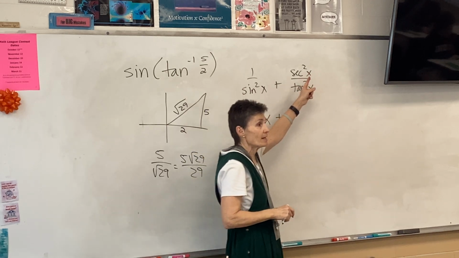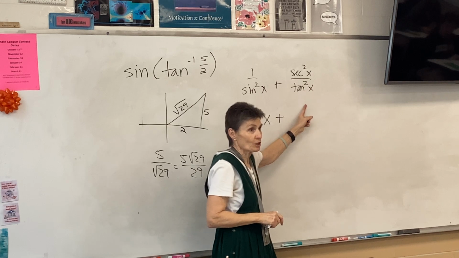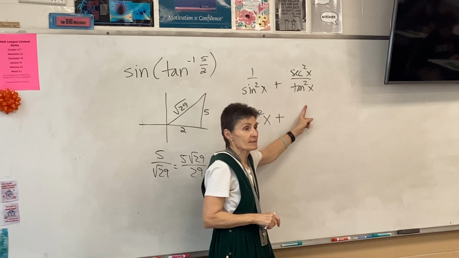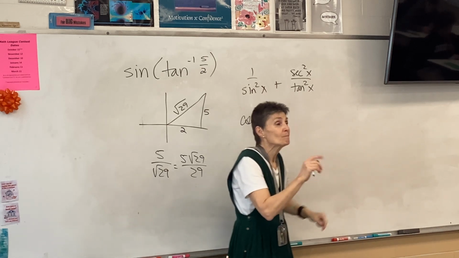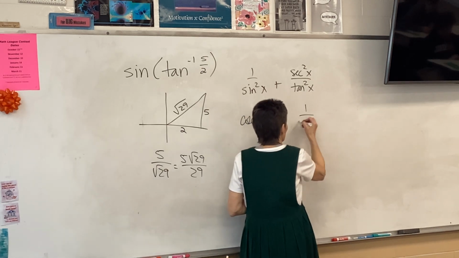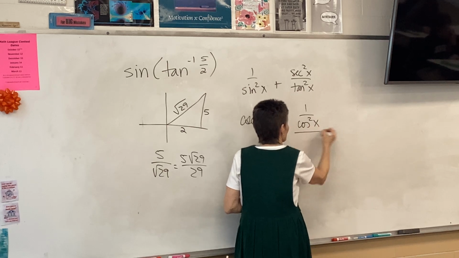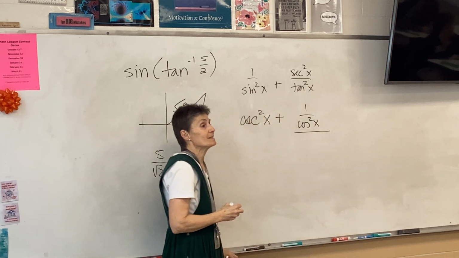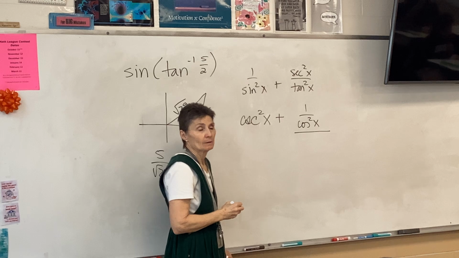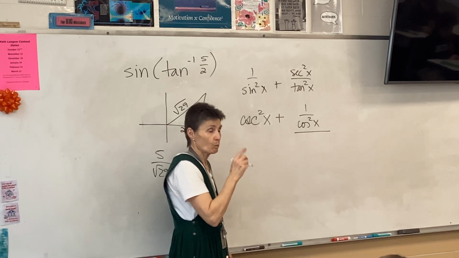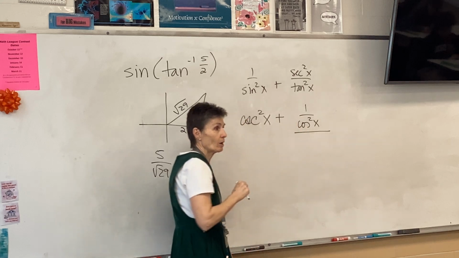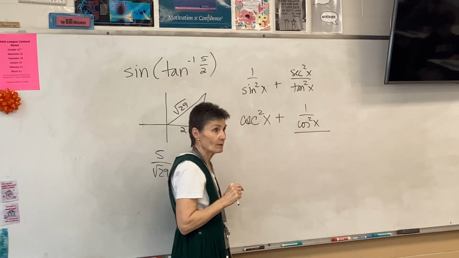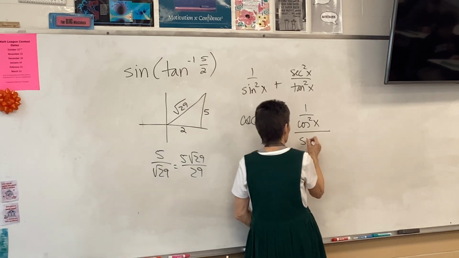This is a complex fraction because secant squared, besides being 1 plus tangent squared, is also 1 over cosine squared, isn't it? And what's tangent squared? Well, it's 1 over cotangent, but what else is it that might match what I got going on there? Sine squared over cosine squared.